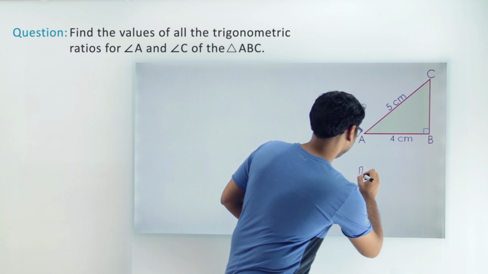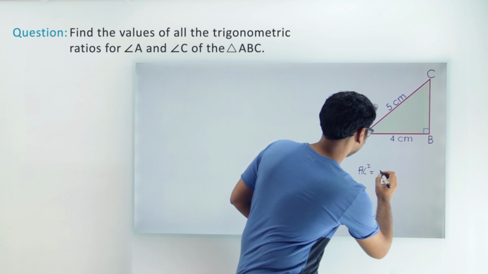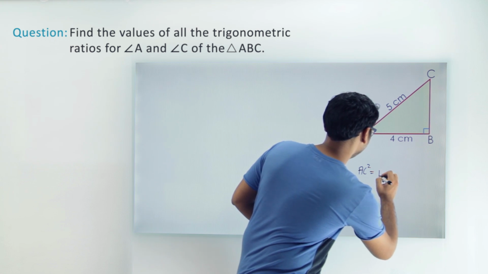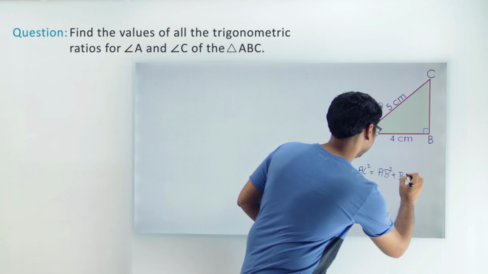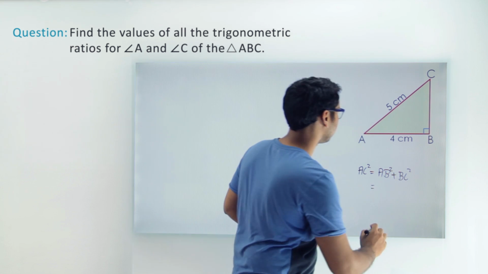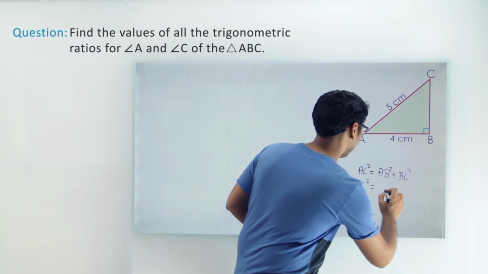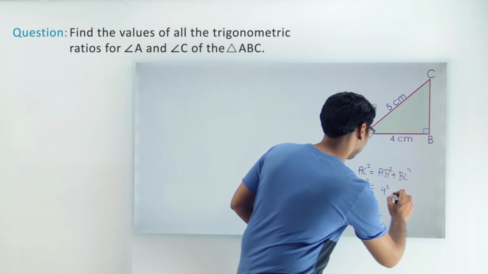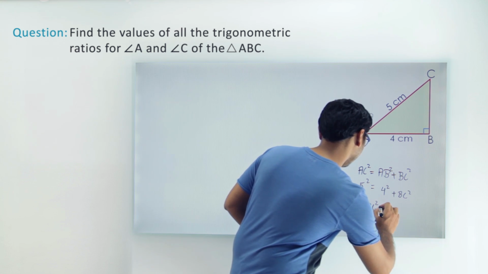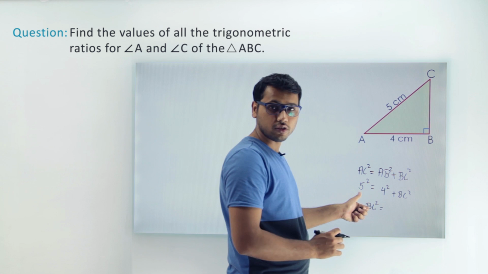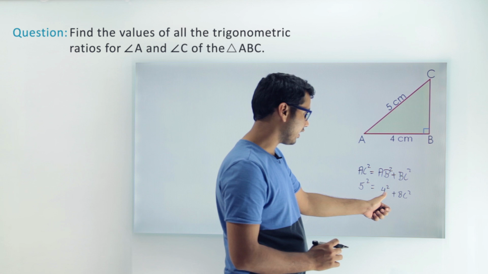Pythagoras theorem says hypotenuse square is equal to the sum of squares of the other two sides. So it will be AC square equals AB square plus BC square. Now put the values. AC will be 5, so 5 square is equal to AB, which is 4, square plus BC square. Now if we find the value of BC square, 5 square is 25, minus 4 square is 16.